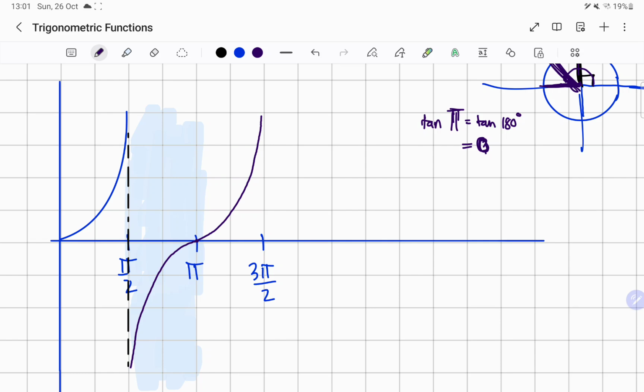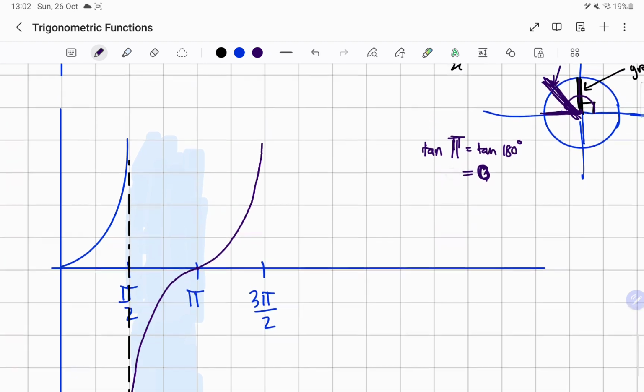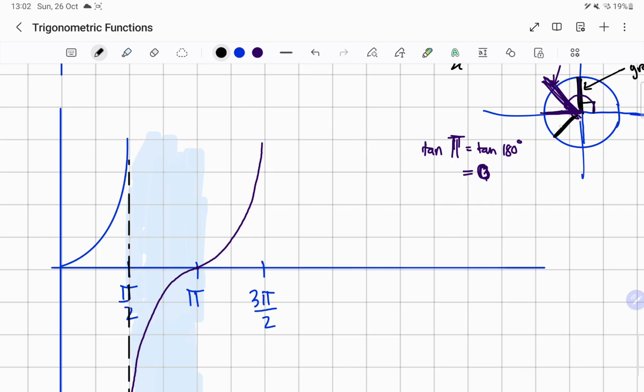If you look at tangents inside this third quadrant, you see this is an upward sloping line, a positive slope.